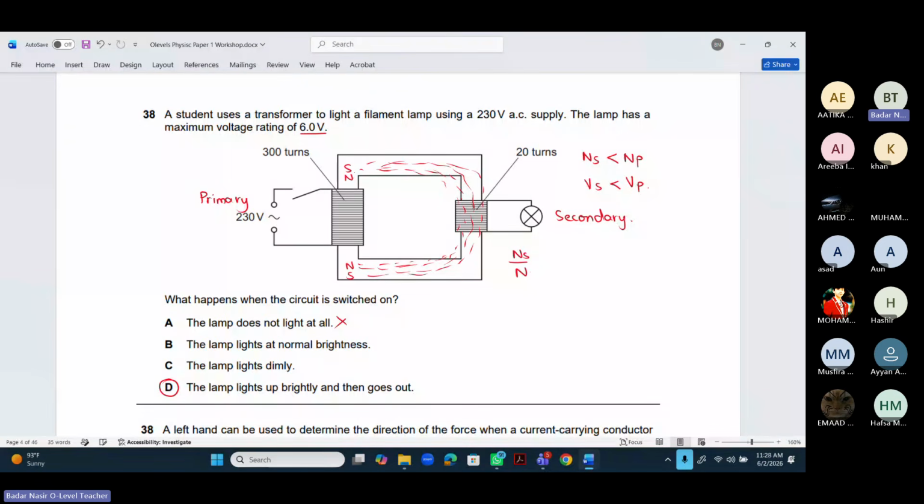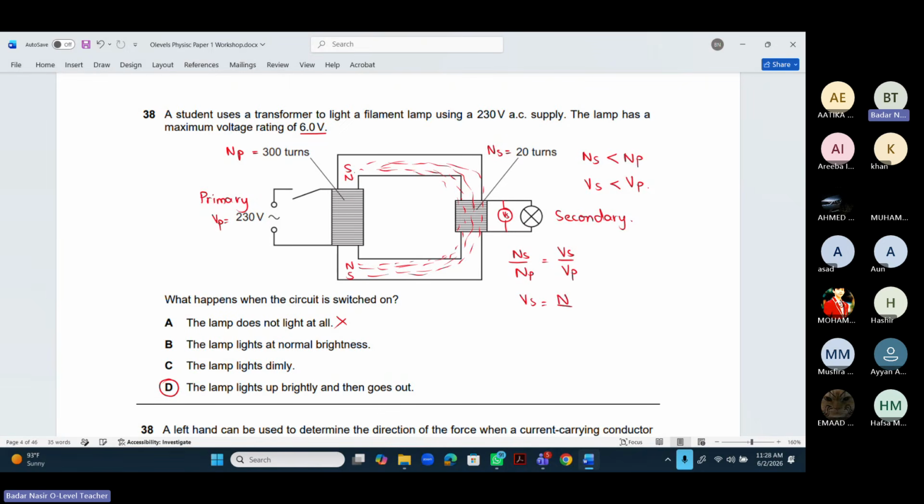What was our formula? Ns over Np is equal to Vs over Vp. So Ns is the number of turns in the secondary coil and Np is the number of turns in the primary coil. Vs is the voltage in the secondary coil and Vp is the voltage in the primary coil.